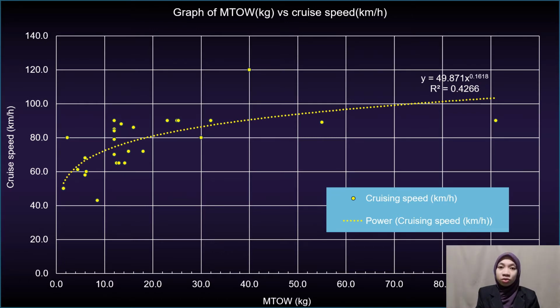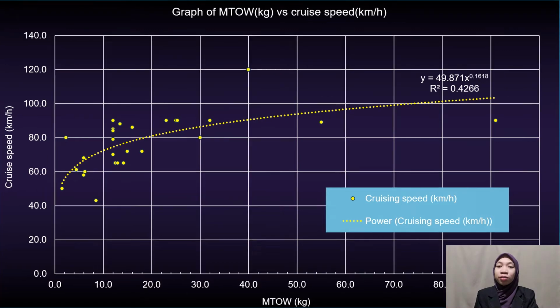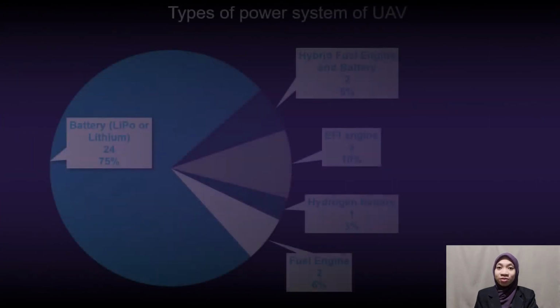And from the graph also, we can see that most of the UAVs have a cruise speed between 65 to 96 km per hour. As we mentioned earlier, if we assume the wingspan to be 2.5 meters, we can estimate the cruise speed to be around 72 km per hour based on the trend line shown in the graph.